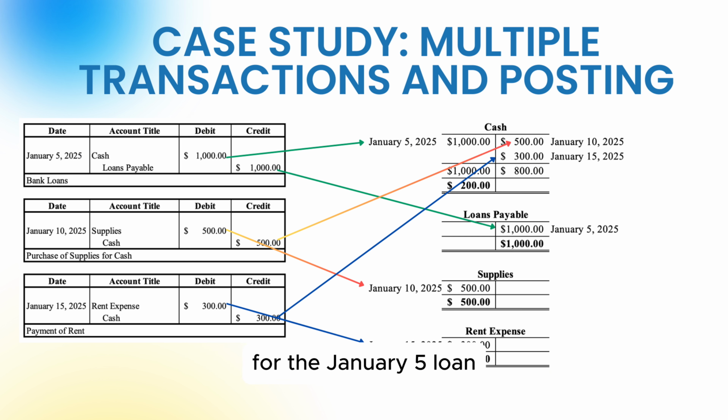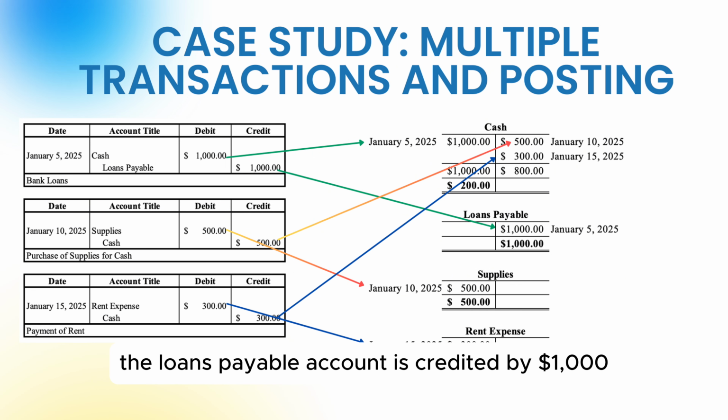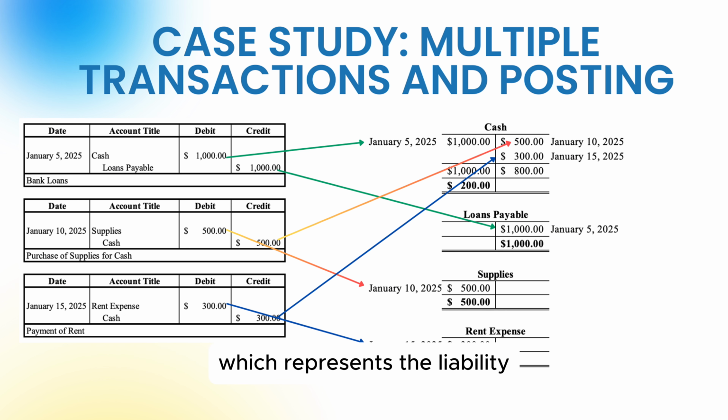For the January 5 loan, the cash account is debited by $1,000. This means that cash increased. The loans payable account is credited by $1,000, which represents the liability. For the January 10 purchase, the supplies account is debited by $500, which means the supplies increased.